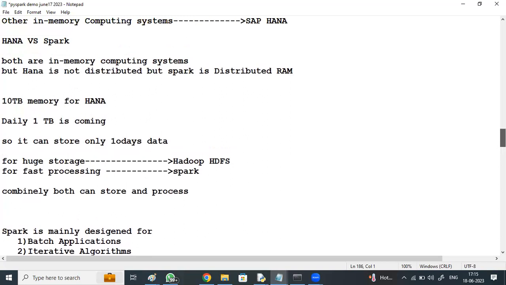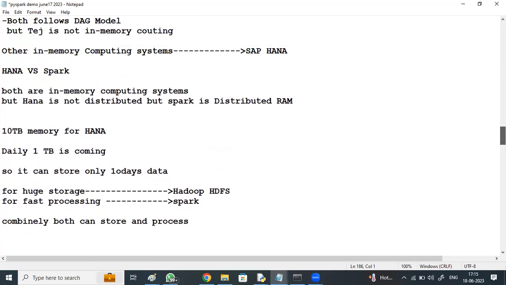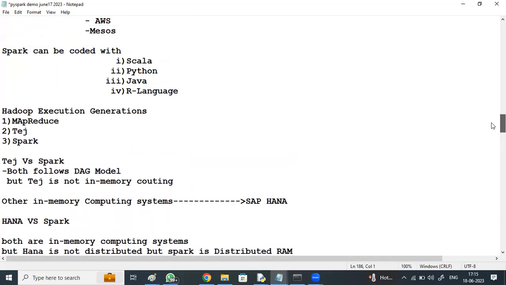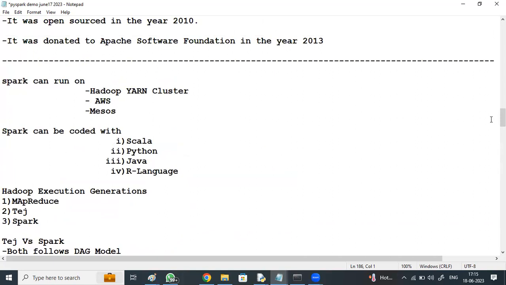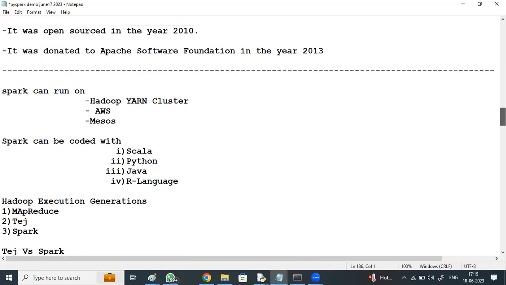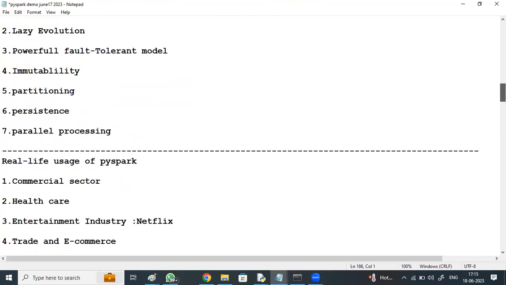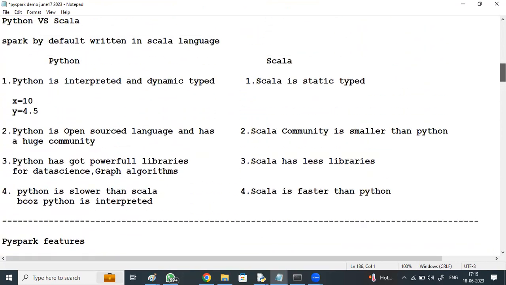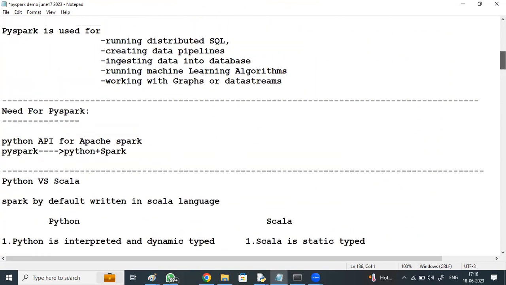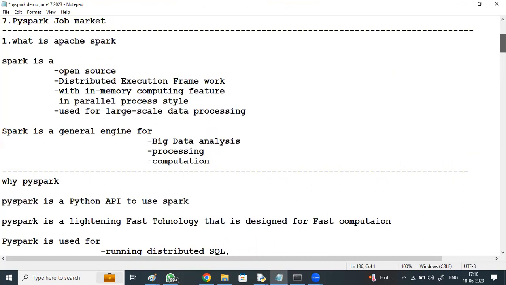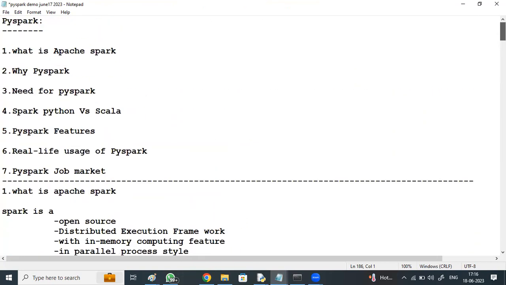Spark and HANA, HANA is not distributed. Spark is coded in multiple languages and can run on multiple distributed clusters. And evolution of Spark, real-time usage of PySpark, PySpark features, Python and Scala which is more preferred, need for PySpark, PySpark and Apache Spark.